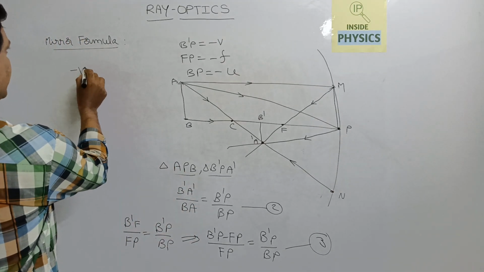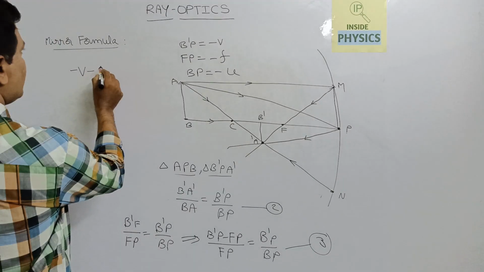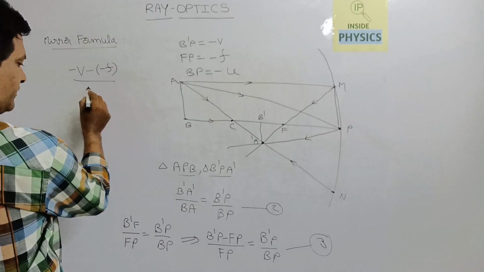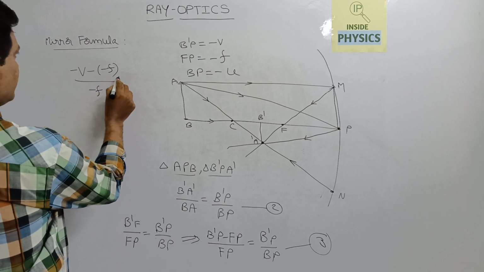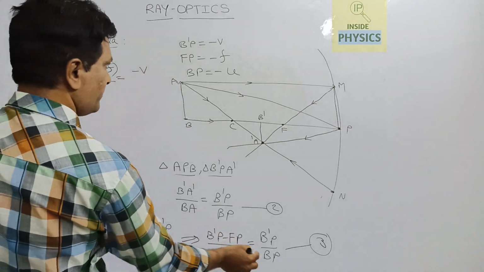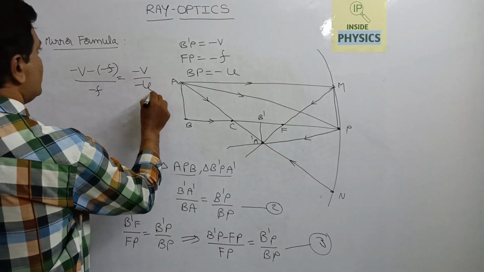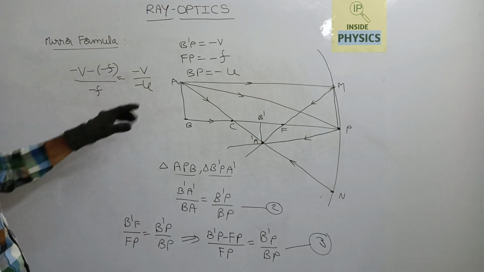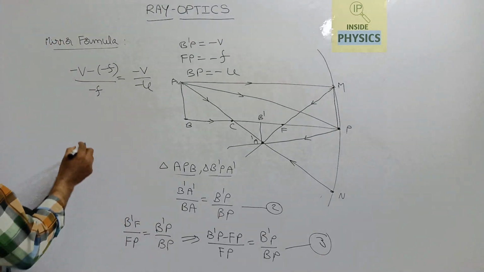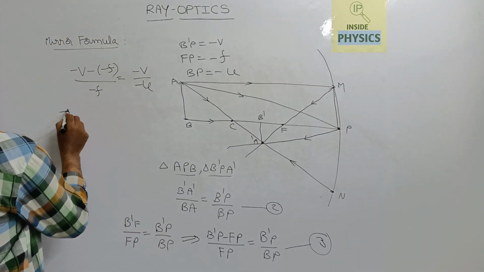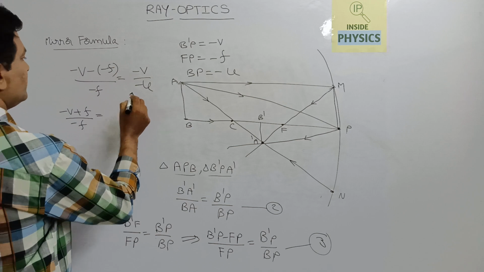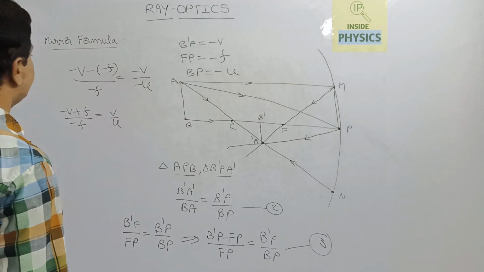the equation becomes minus v minus of minus f by minus f, equal to minus v by minus u. I have just substituted these values in equation 3. So this will become minus v plus f by minus f is equal to v by u, right?